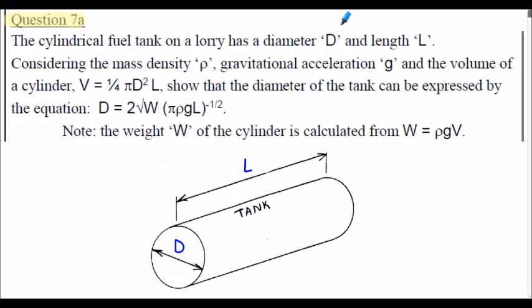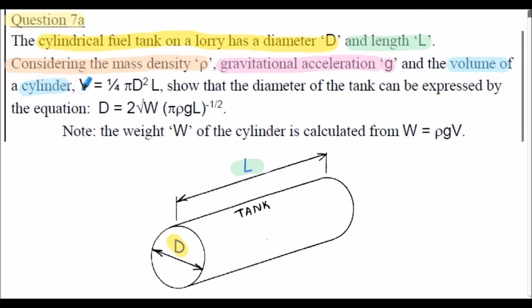Question 7a. A cylindrical fuel tank on a lorry has a diameter d and length L. D and L shown here in the sketch. Considering the mass density, symbol ρ, gravitational acceleration, symbol g, and the volume of the cylinder, v, calculated from the formula quarter multiplied by pi multiplied by d squared multiplied by L, we're asked to show that the diameter of the tank can be expressed by the equation shown here.